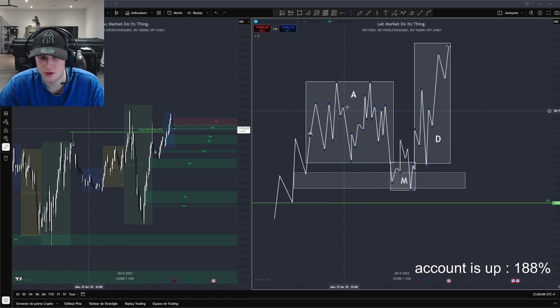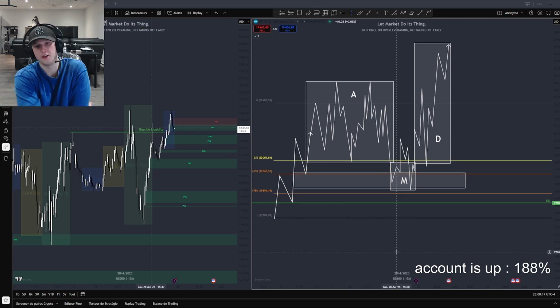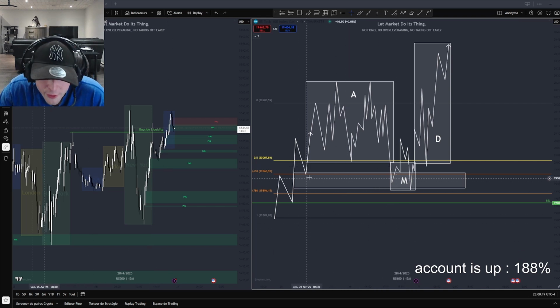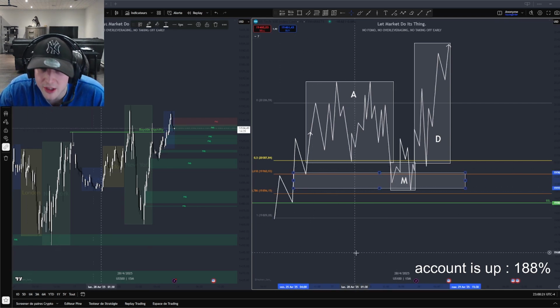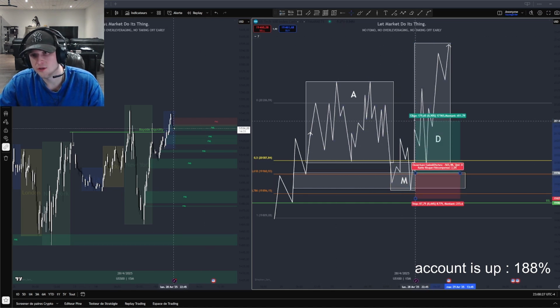On the lower time frame it starts accumulating. You have your EQ marked out, let's say like this. Right here, you have your PD array that you're looking at to take the trade. The market manipulates into your zone, and you take the trade off of it, targeting whatever you want to target.